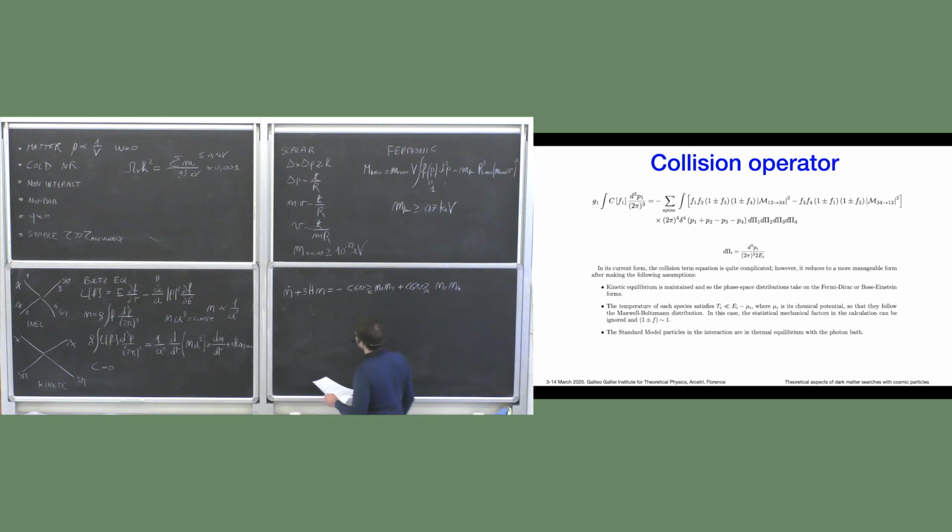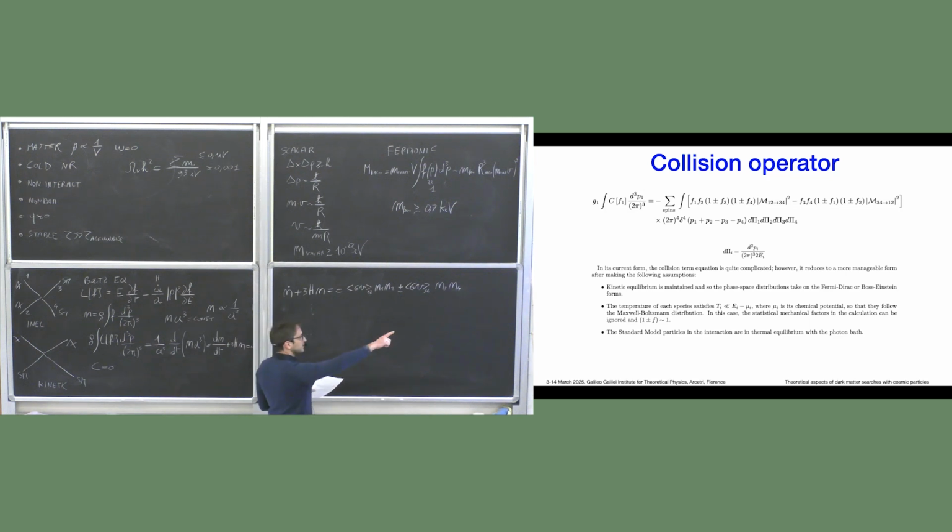Now, let's have a look at the signs. So, here you have minus, here you have plus. Here you have minus because this is considering a depletion of dark matter, because this is dark matter annihilating, so the number of dark matter particles decreases. Here you have plus because here you have standard model particles annihilating and producing dark matter, and so you have an increase of the dark matter number.